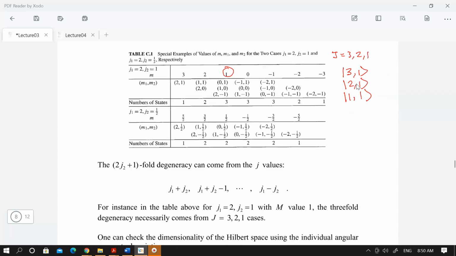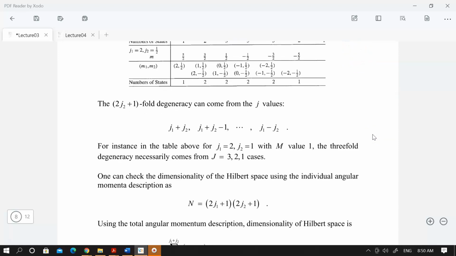In other words, to see what combination you have in terms of the individual angular momentum states, we have to revert back to the step down ladder operators.